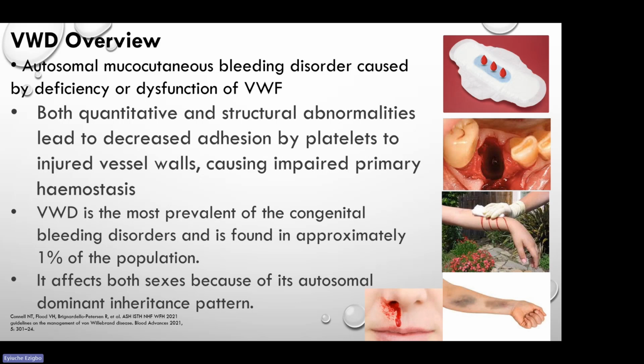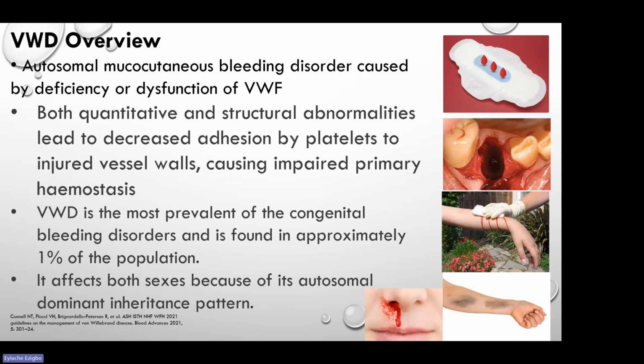Some of these pictures you can find by the side show how von Willebrand disease can manifest in somebody. The clinical presentations can manifest in the form of heavy menstrual bleeding, bleeding after tooth extraction, or bleeding after injury that is unable to stop.